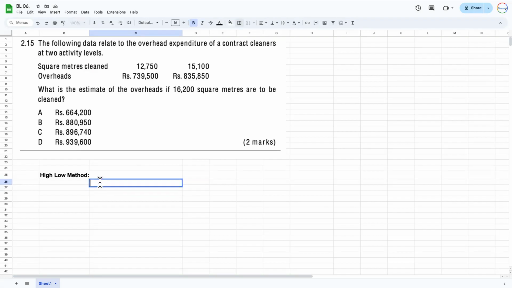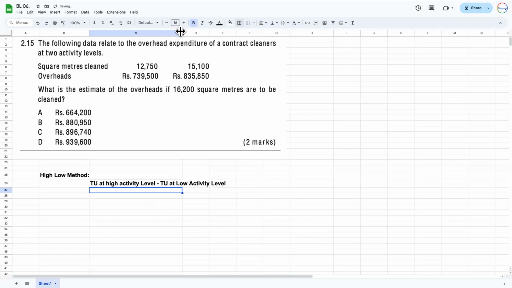So first we have to identify the total units at high activity level, then take away the total units at low activity level. This is the first thing you have to do.